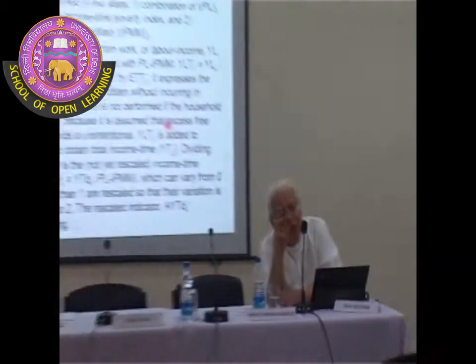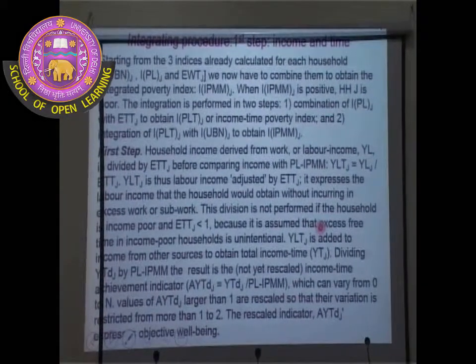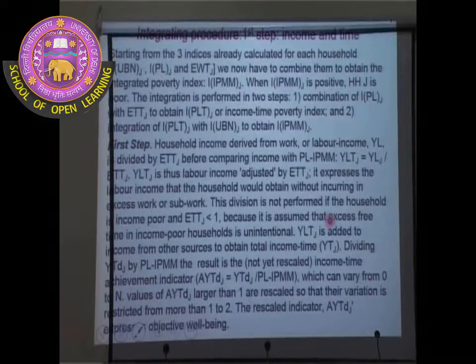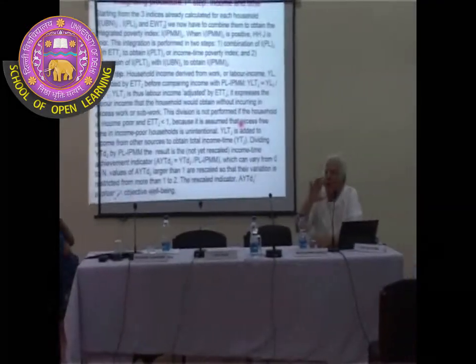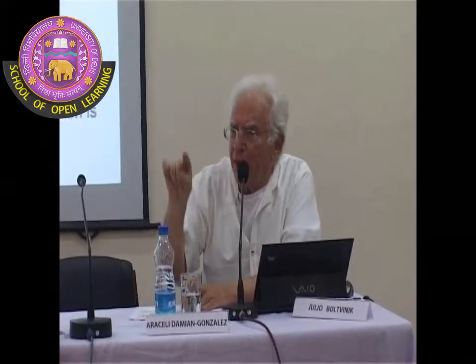So if your income is derived from labor, you have to correct it by the number of hours that you have worked. If you work the standard hours, you leave it like that, you divide by 1. If you overwork, you divide it by 1 point something, so your income goes down.